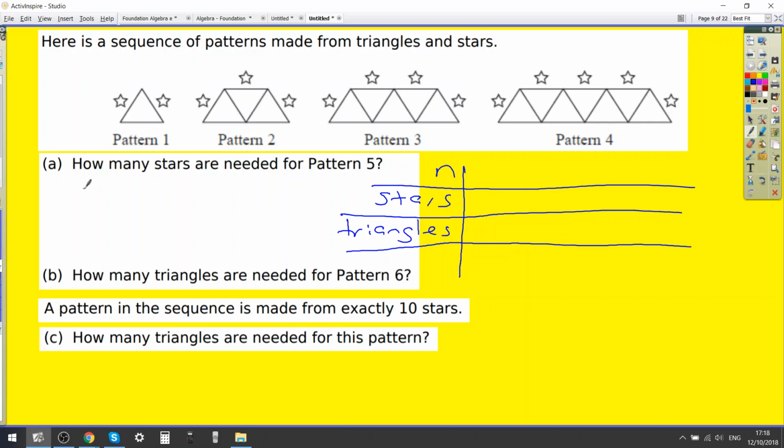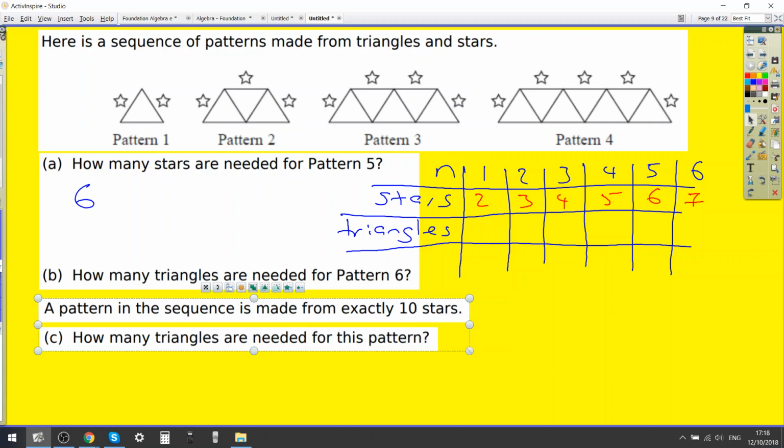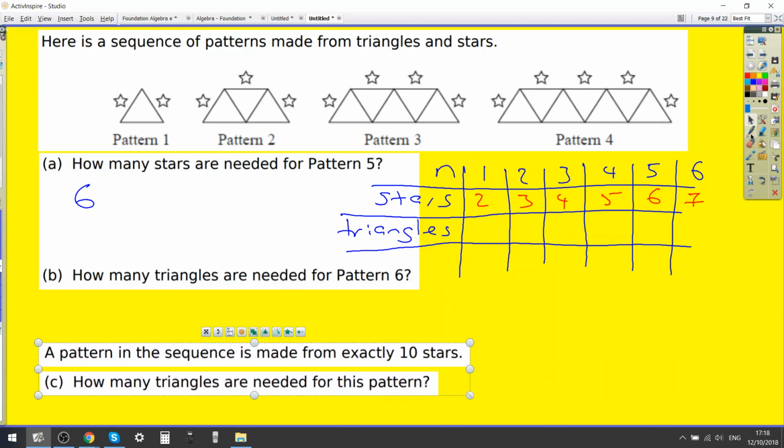B. How many triangles are needed for pattern 6? 11. Okay. How about C? How many triangles are needed for this pattern? A pattern in the sequence is made from exactly 10s.